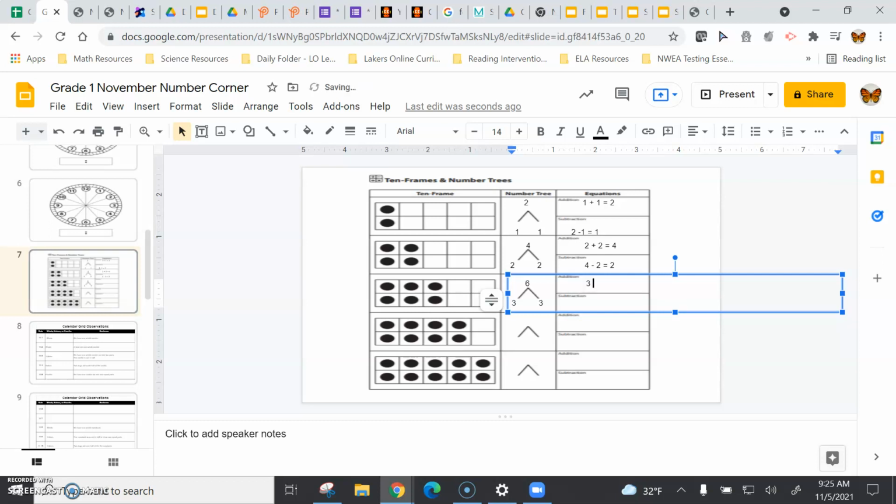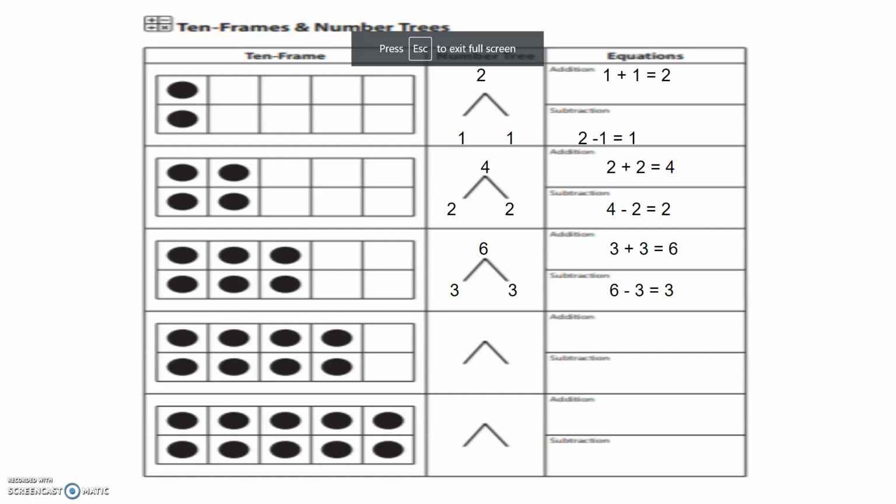You said 3 plus 3 equals 6. You are correct. And then we are going to write our subtraction fact. We have the answer, which is 6. And we take away one of the parts of our double to leave the other part. So in this case, 6 minus 3 equals 3.